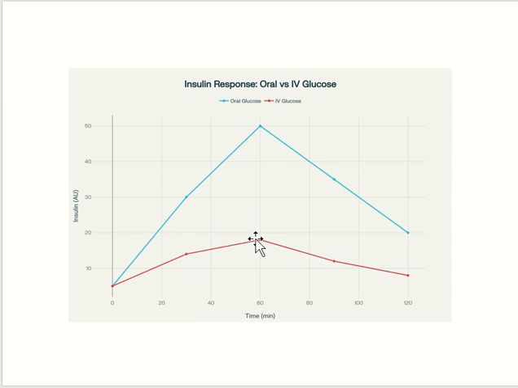So when you take the glucose via IV line, the amount of insulin released is less. But when you take the same amount of glucose orally, the amount of insulin secreted is very high. It tells that there is something in the intestine or gut which is stimulating your pancreas to produce more and more insulin. And this effect is called the incretin effect.